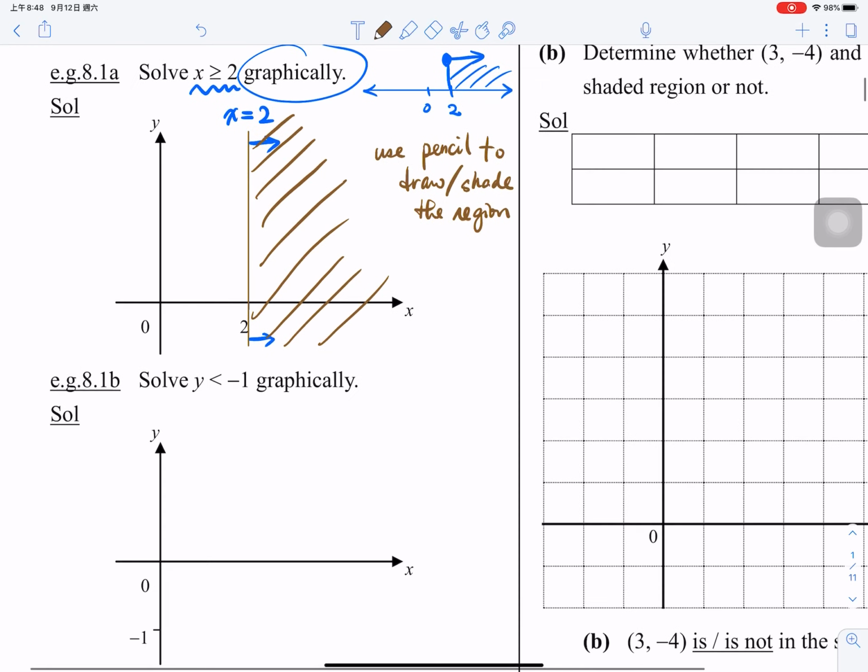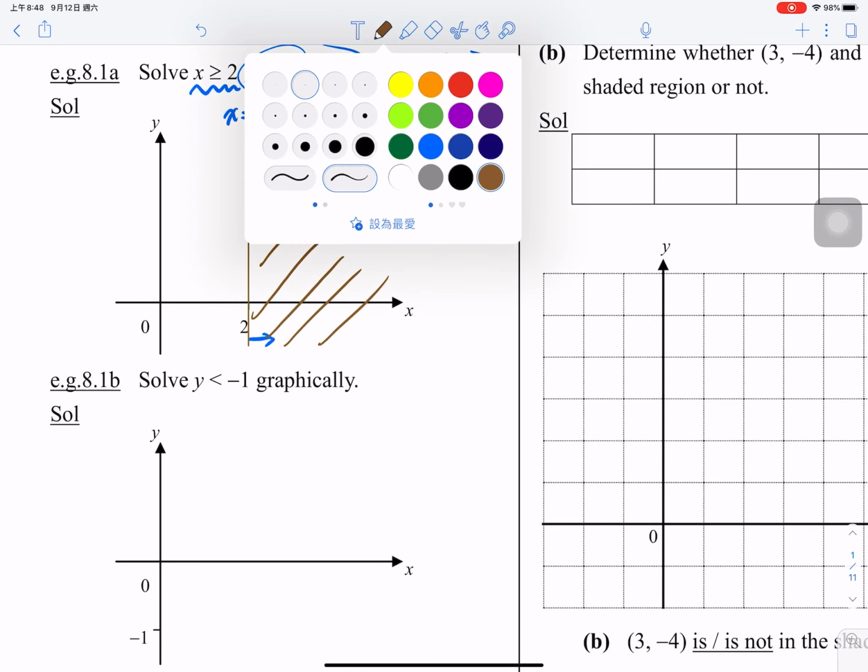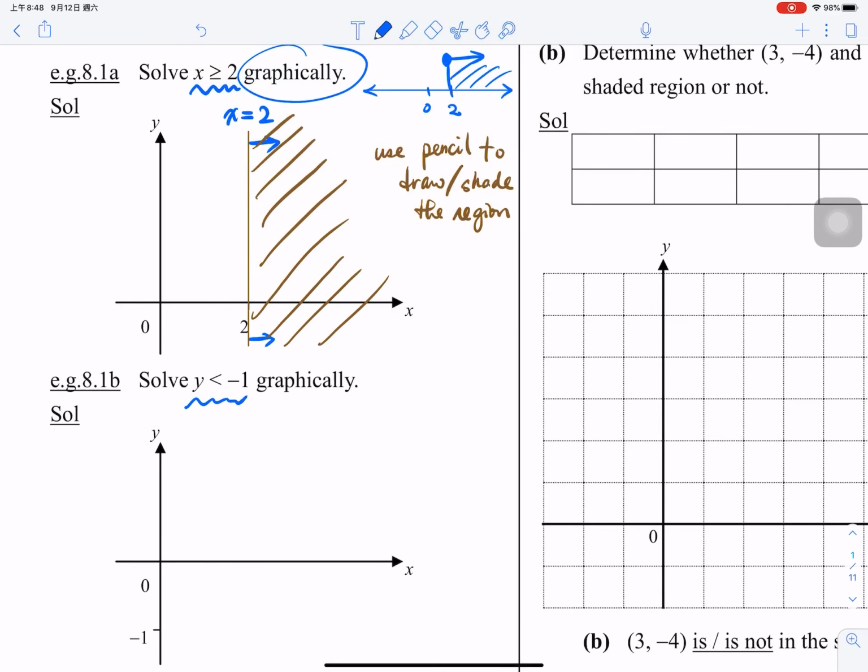So let's see, example 1b. How about this one? Solve y smaller than negative 1 graphically. So think about it. This one means you need to draw a straight line y equals negative 1.